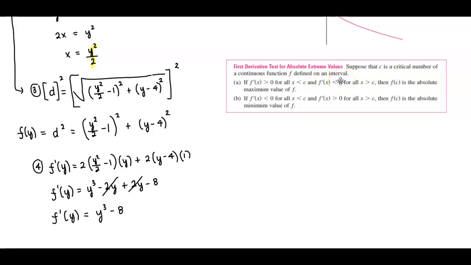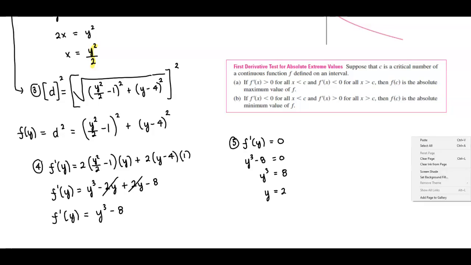The first thing we want to do is set f prime of y equal to 0, so we can find that critical number. So we have y cubed minus 8, which is equal to 0. y cubed is equal to 8. If we take the cube root of both sides, then we know that y is going to equal 2.